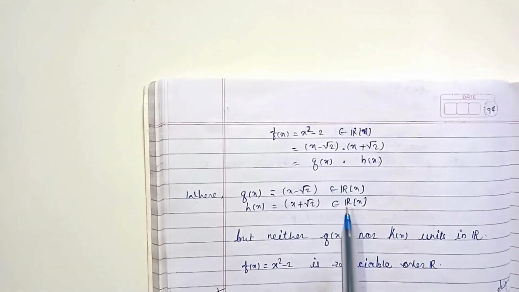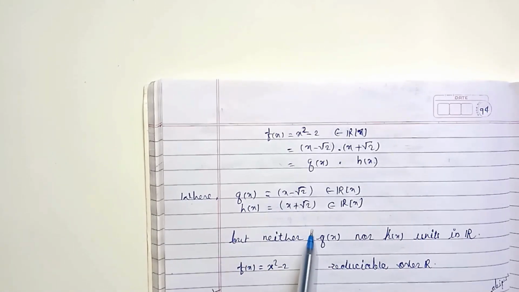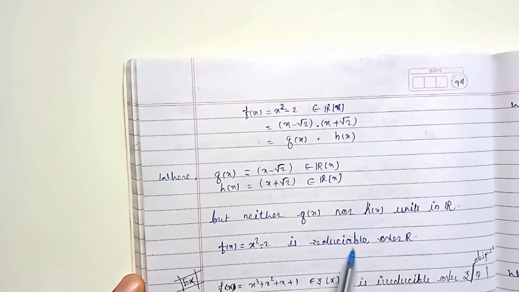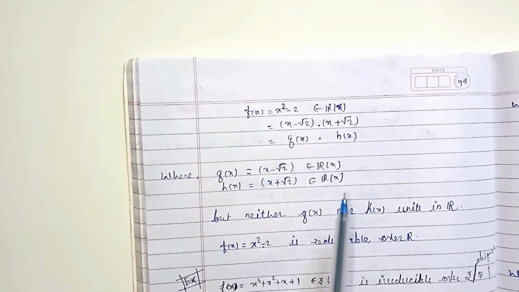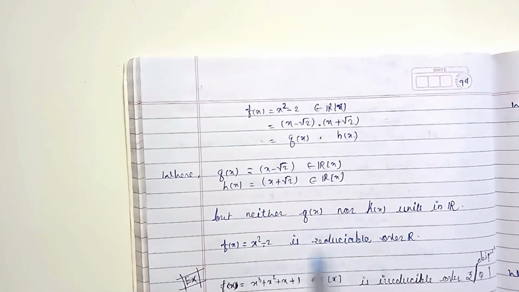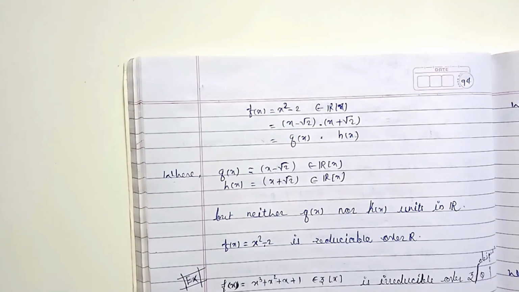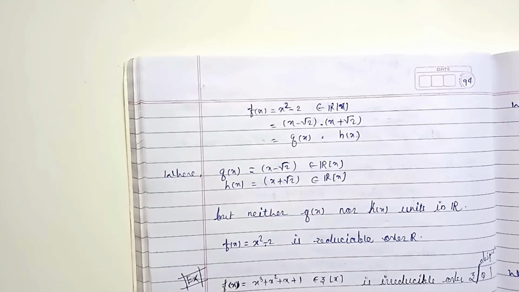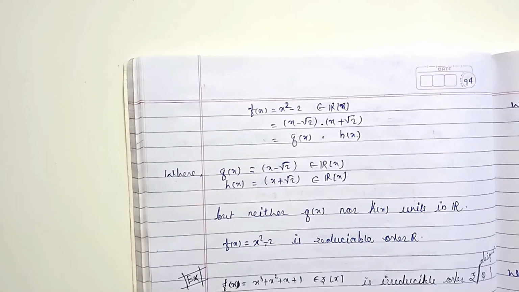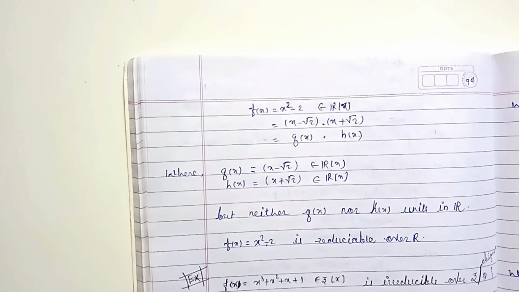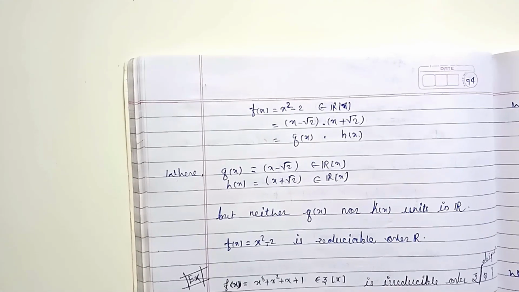So we say that our given polynomial f(x), x square minus 2, is not irreducible over R, because neither g(x) is a unit nor h(x) is a unit. So these are the two definitions I applied here in order to check whether our polynomial is irreducible or not.